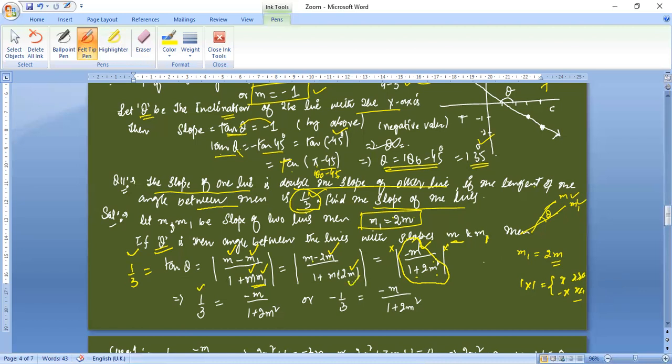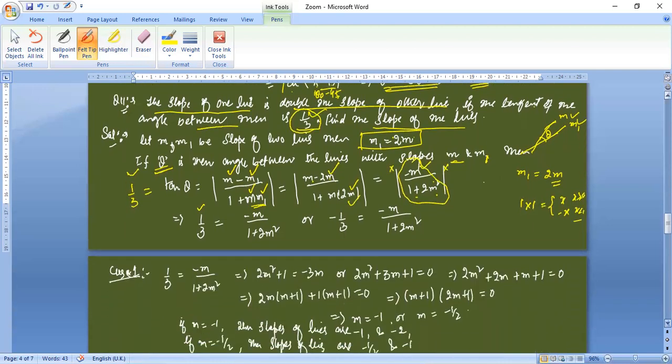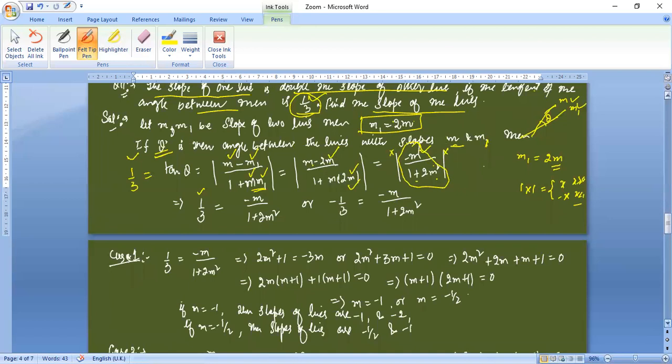Let's solve these two cases separately and calculate the value of m. When we calculate the value of m from these two cases, from this equation we can calculate the value of m1, that is, we are able to find both slopes. Now let's take the case when 1 by 3 is positive. Cross multiplying, we get the quadratic equation.